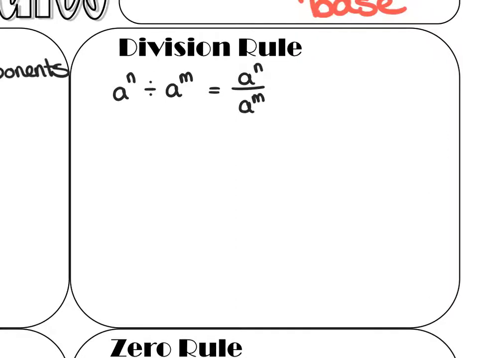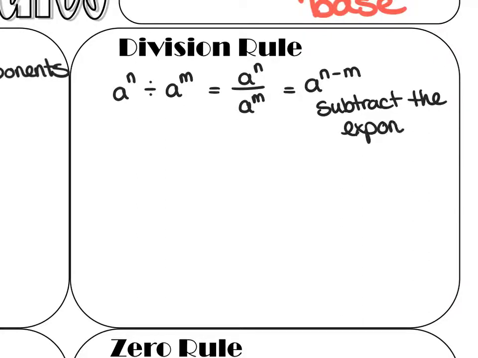So it could be written two different ways, so just keep an eye out for that. But what you're going to do is just subtract the exponents. Again, you want to make sure that you have the same base.